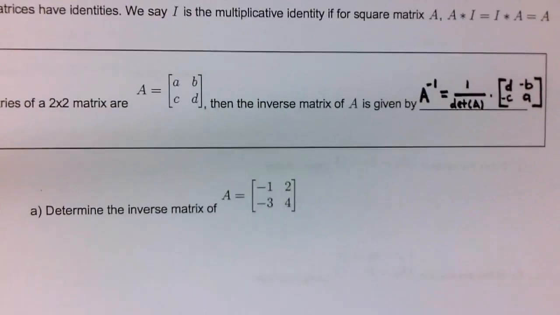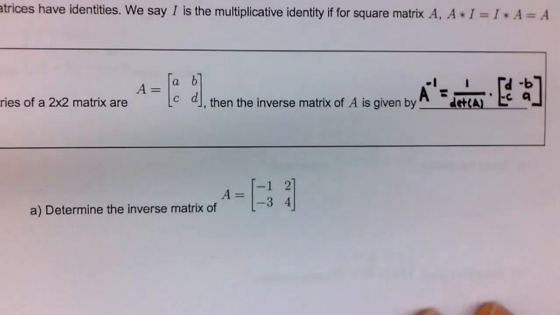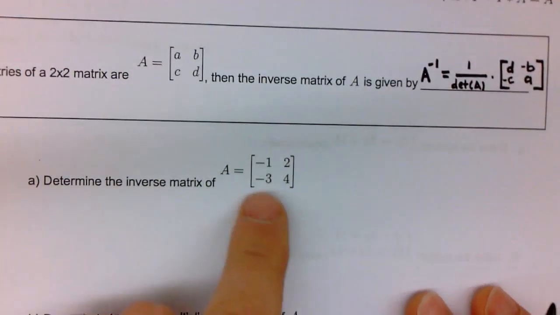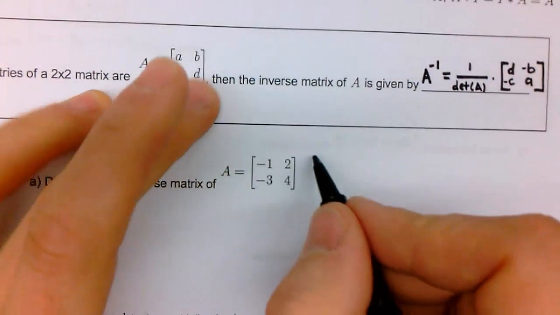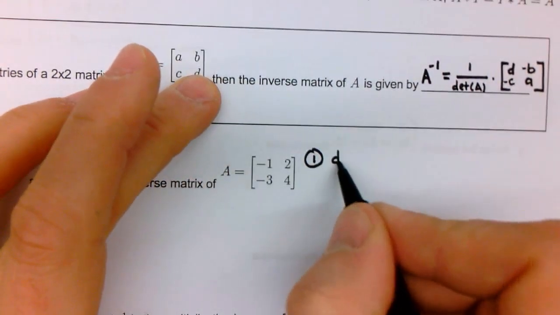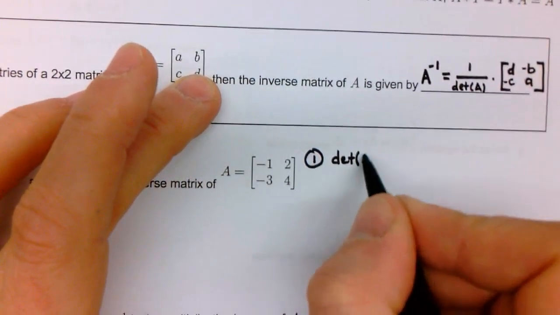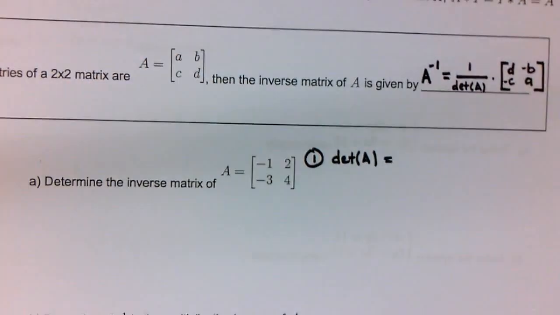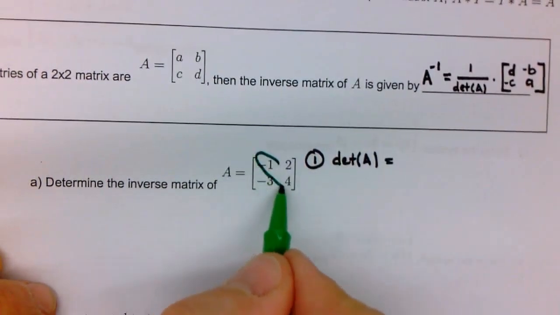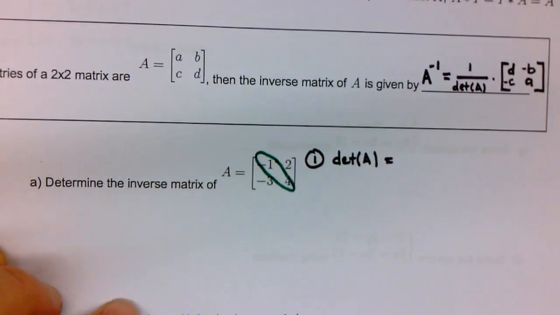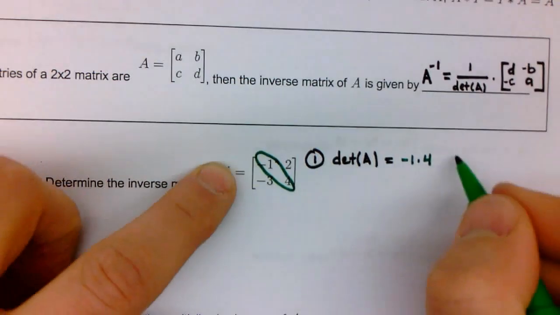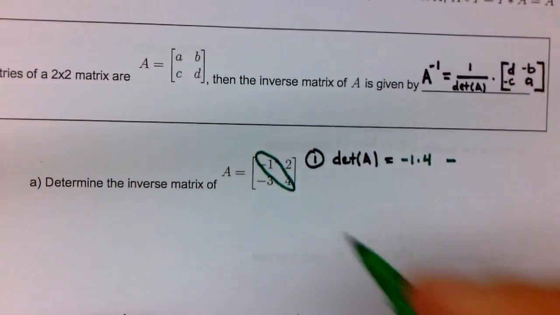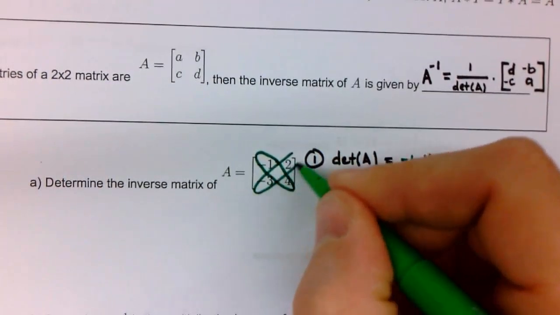Okay. So let's actually use this to determine the inverse of a matrix. Here's our matrix: negative 1, 2, negative 3, 4. Step 1 is compute the determinant. Recall that our determinant is the product of down minus the product of up.